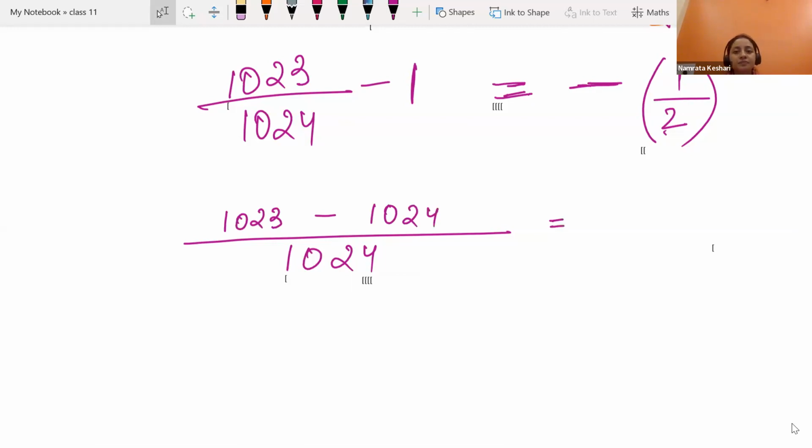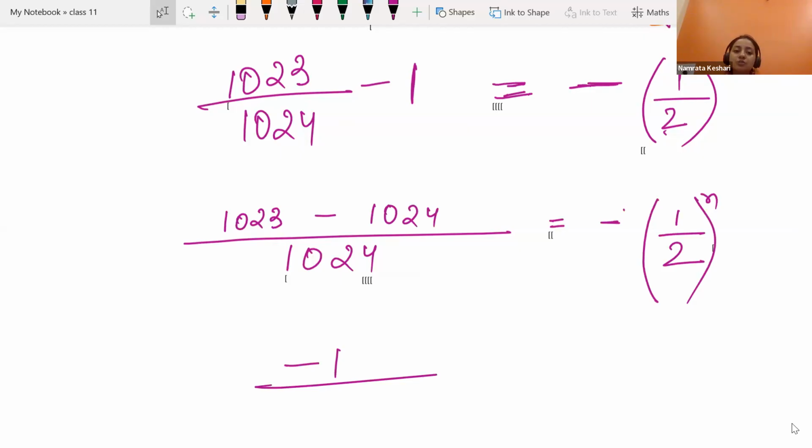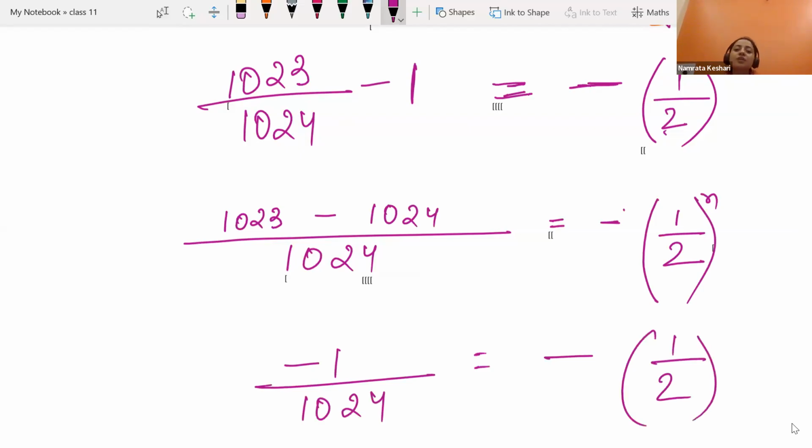Yes, ma'am. And that is equal to minus 1 by 2 to the power n. Numerator is 1023 minus 1024, minus 1, and denominator is 1024. Here also minus, both sides minus minus gone. And what are we having? 1 by 2 to the power n over here. And here also we want to write 1 by 2 to the power what? Right, Manvi?